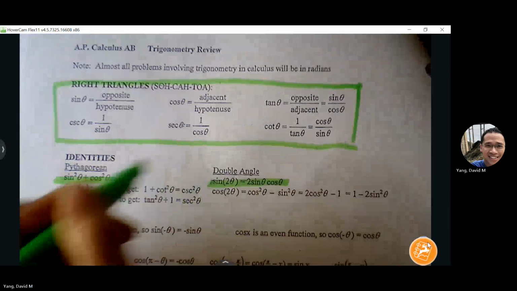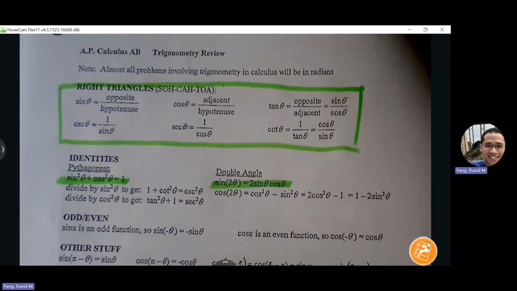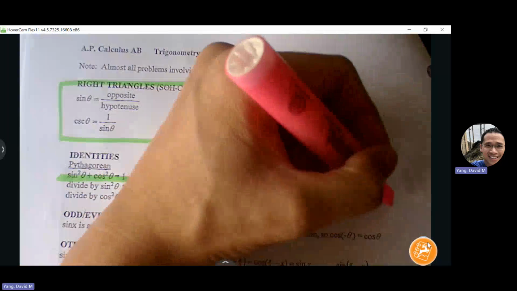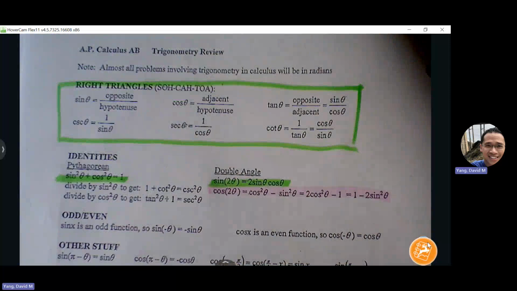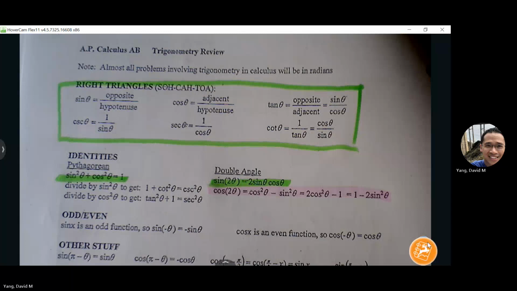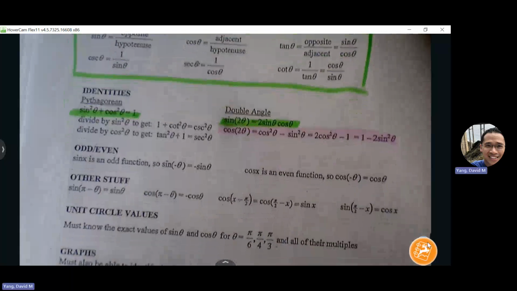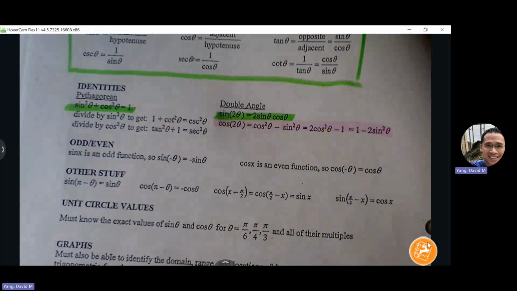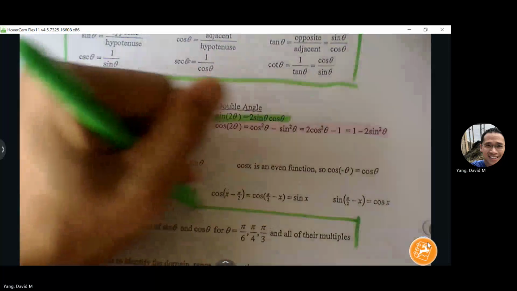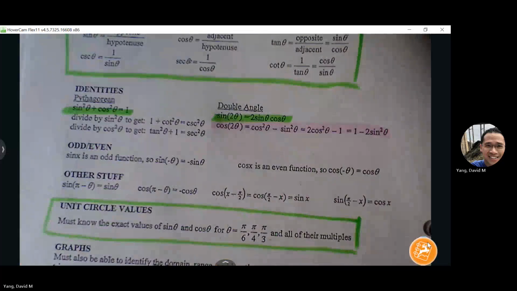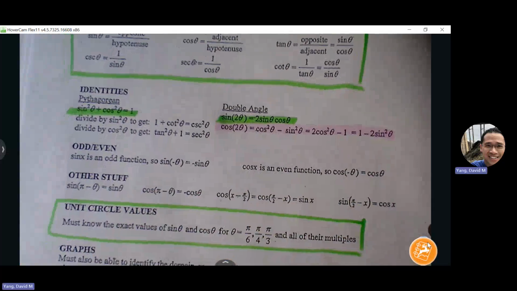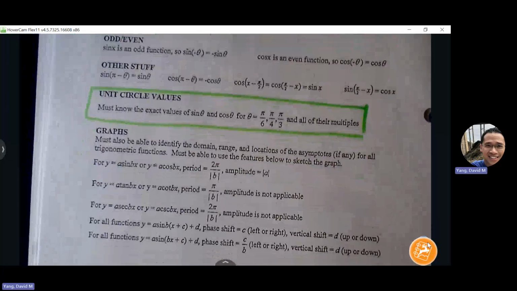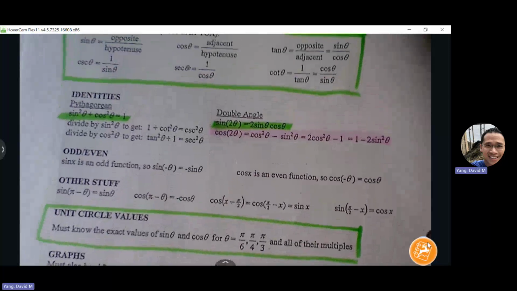Double angle identity: you're going to see cosine 2 theta show up in your homework. I won't make you memorize these, but we're going to be using them. Obviously, unit circle values, we need to know those really well. And the other properties and the graph, we're not going to have to worry about those. So those are the most important ones.